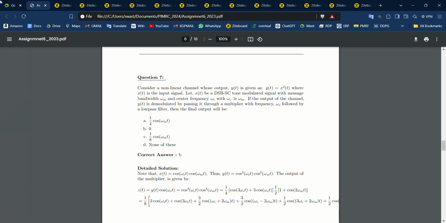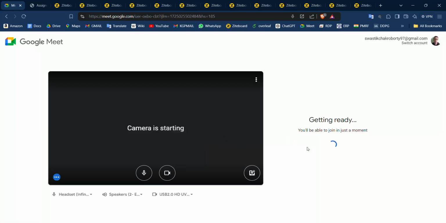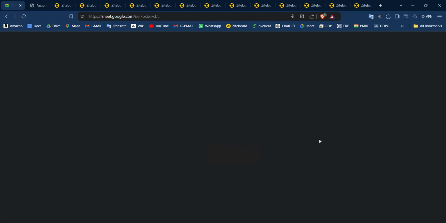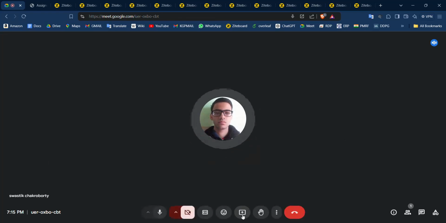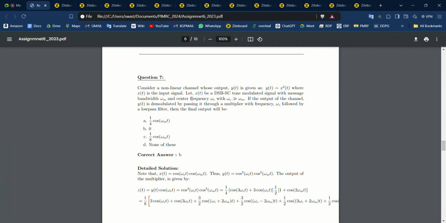Okay, let's go to question number 7. As we said, there is a DSB-SC signal with bandwidth omega m and center frequency omega c. The output of the channel y(t), where the channel is a square law channel, y(t) equal to x squared(t), is passed through a multiplier with frequency omega c followed by a low pass filter.